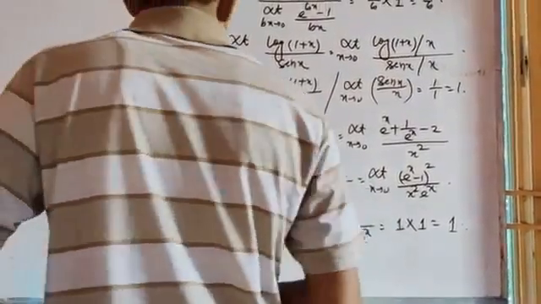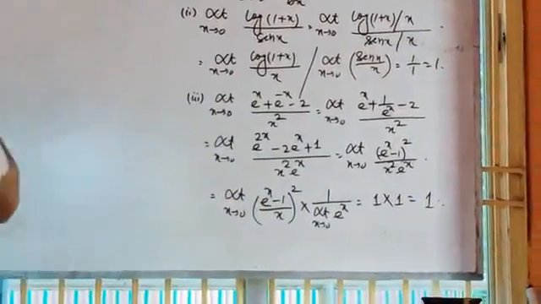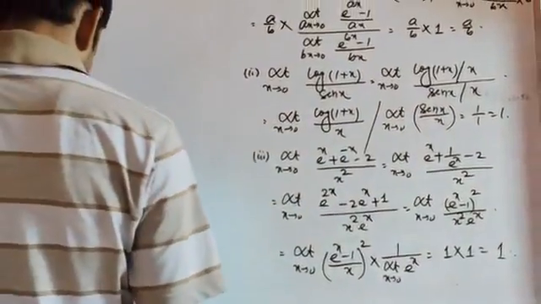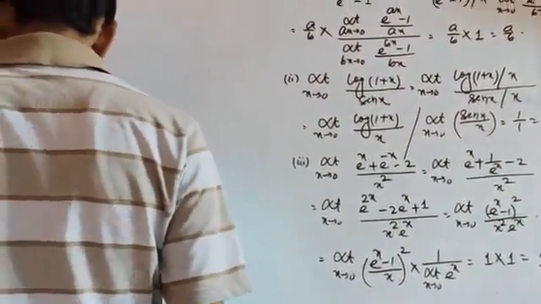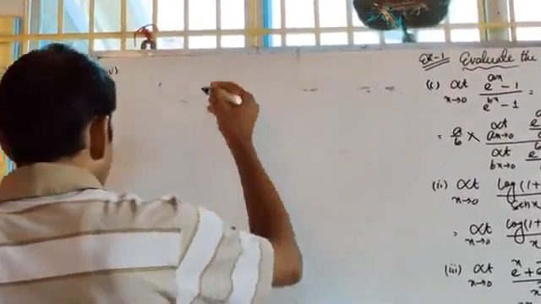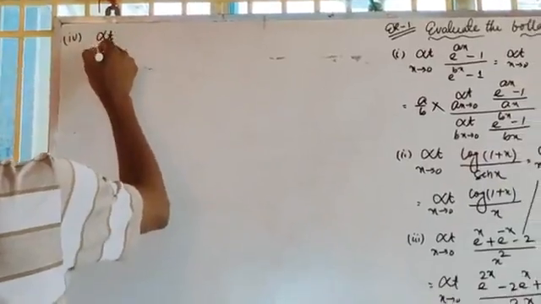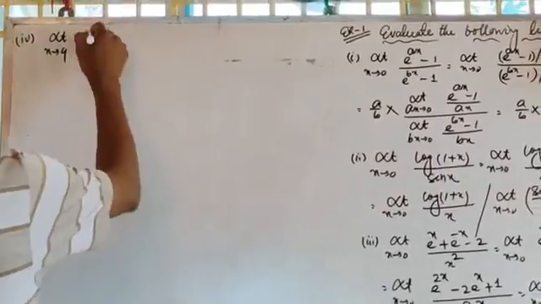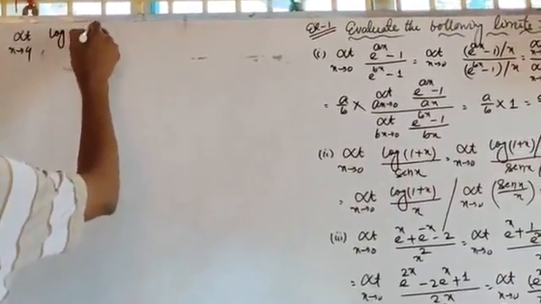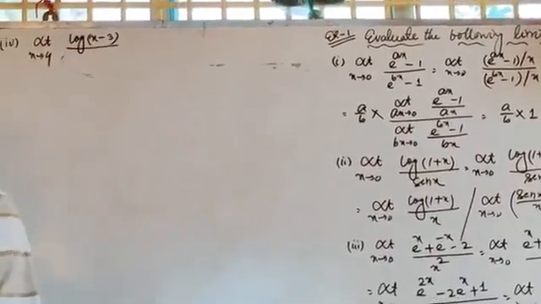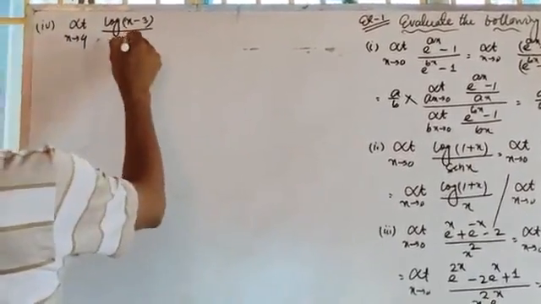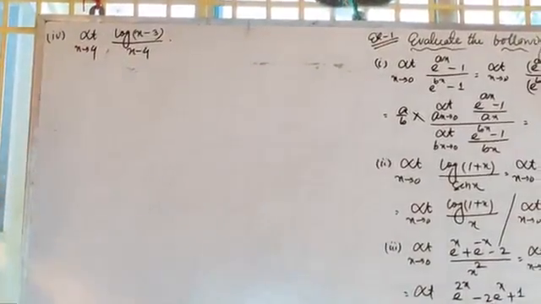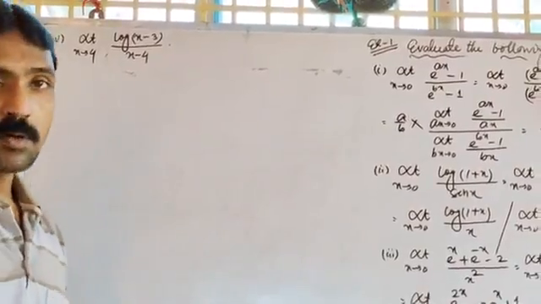Then next number is limit x tends to 4, log x minus 3 by x minus 4. Now this question we will solve by the h method or substitution.